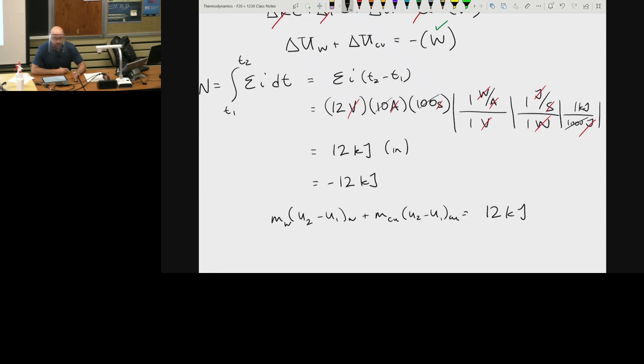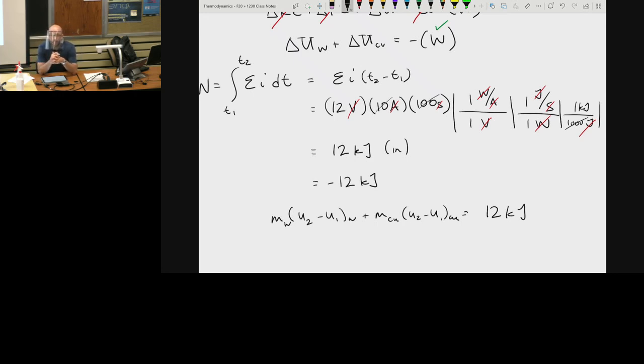And my philosophy is, if I do the incompressible substance model for one thing, I should try to do it for the other thing. And water can also be considered incompressible, so that's what we're going to do. Now, if water changed state from liquid to a liquid-vapor mixture in state 2, we couldn't do that, because the vapor portion would be compressible.